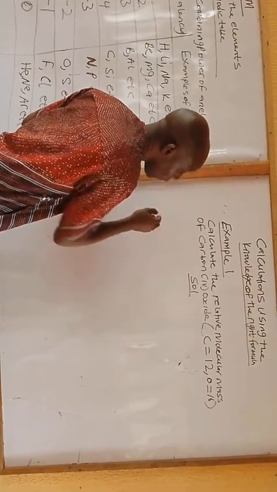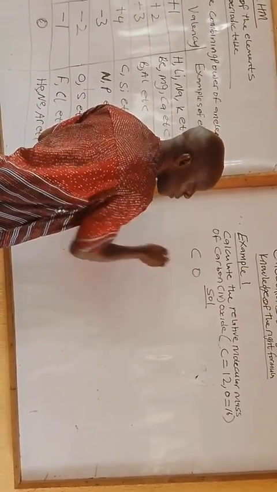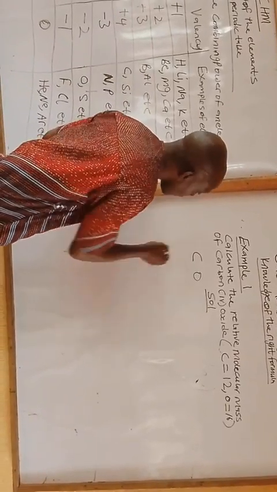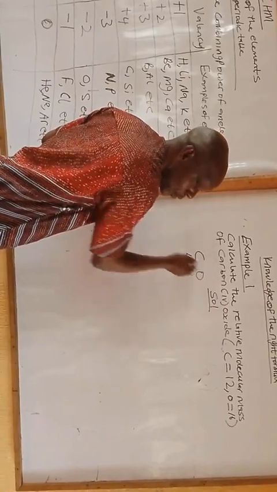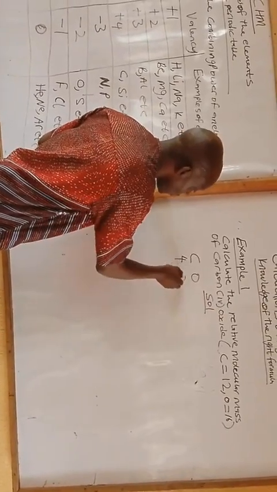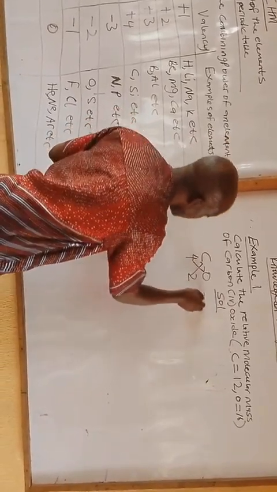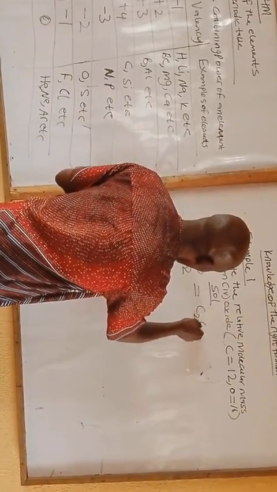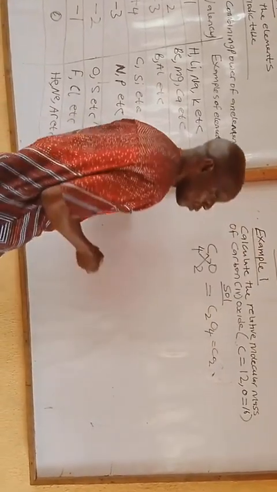The correct formula of carbon 4 oxide is formed between carbon and oxygen. Carbon has a valency of 4 from what we have in the name of the compound. Oxygen is 2 normally. So 2 goes to this, 4 goes to the other one. That gives us C2O4, which is equal to CO2. So the correct formula is CO2.